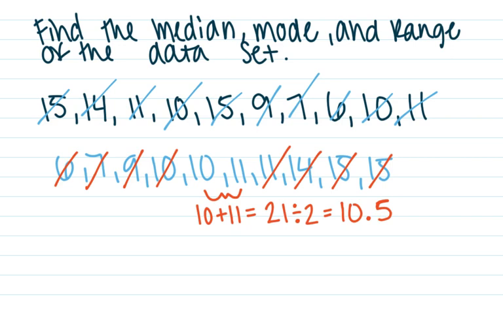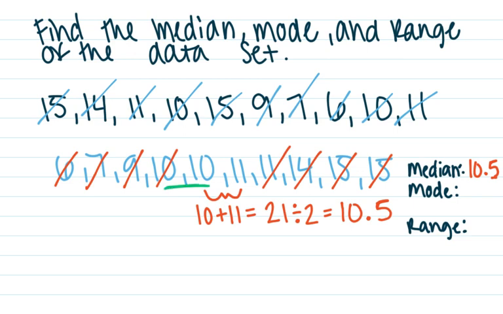So I'm over here to the side. I'll make a little list of our answers. Median, mode, and range. Our median here is 10 and 5/10. Next up is the mode. Which one do I see the most? I see 2 10s, 2 11s, and 2 15s.